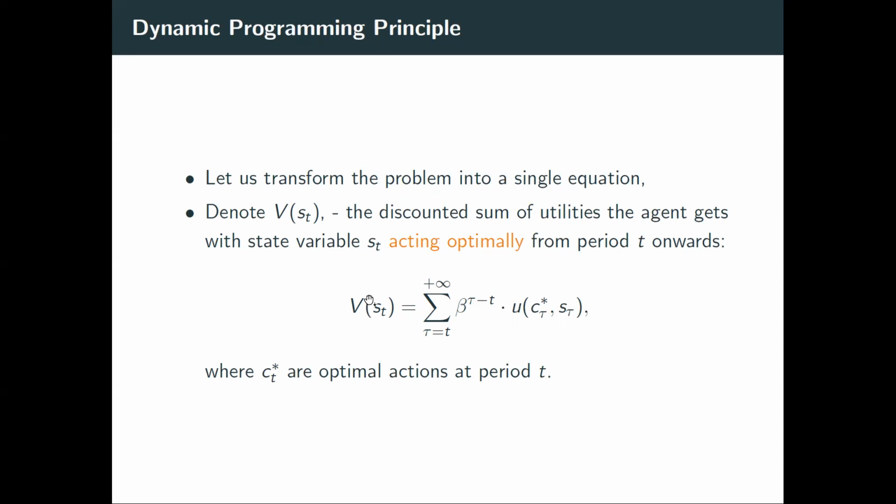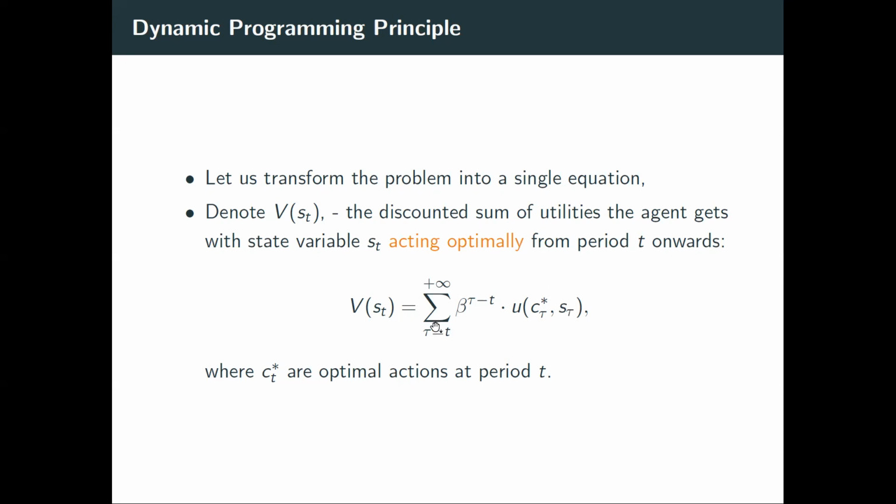Therefore, from today's perspective, your first utility will be U of CT star, ST. If you look here, the enumerator variable is tau, and it starts with T. If you substitute exactly T, the exponent is 0, so it's 1, and here it's exactly CT star and ST. So exactly the first utility is promised.